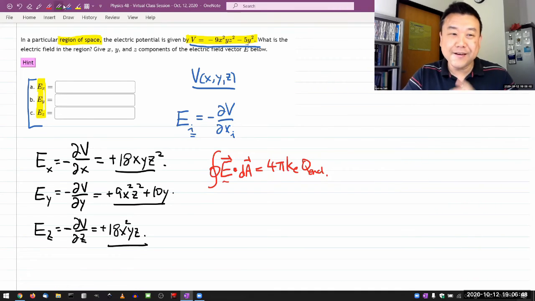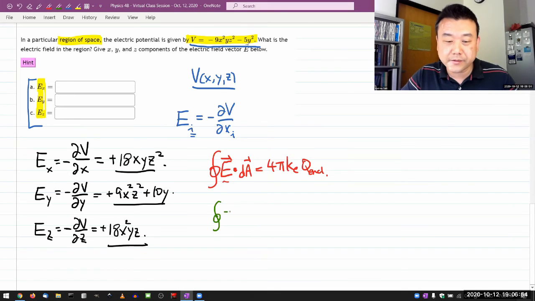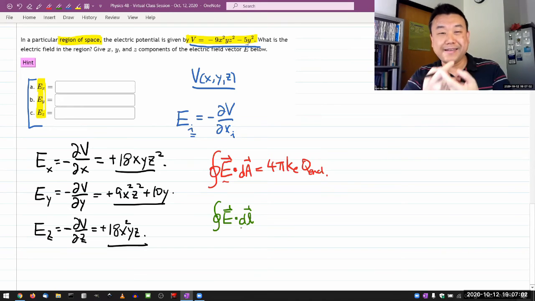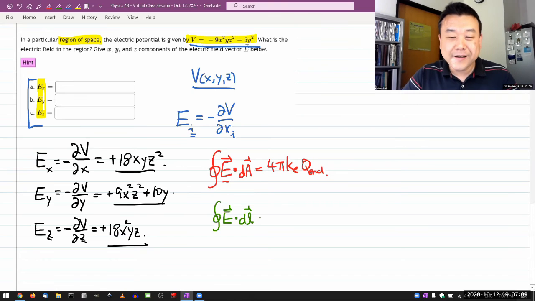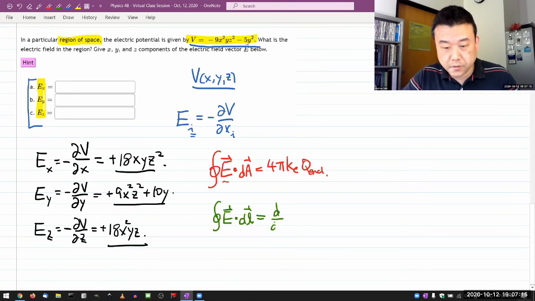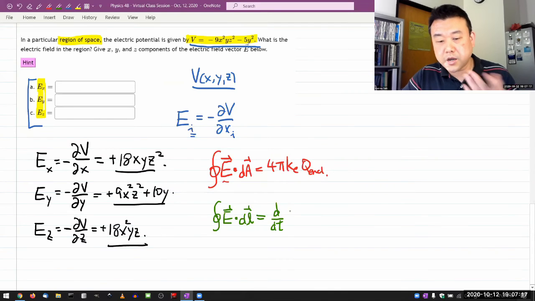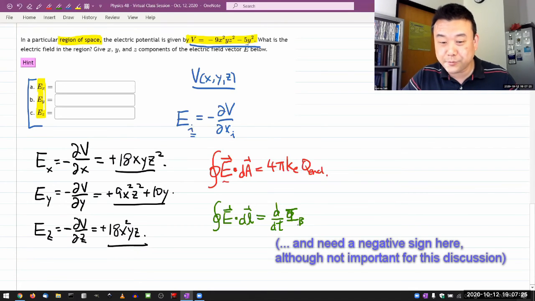Faraday's law gives you a line integral of the electric field over a closed loop, and in electrostatics, that's always zero. In the context involving Faraday's law, where you're not dealing with electrostatics anymore, it's given by the rate of change of the magnetic flux, which we'll get to.